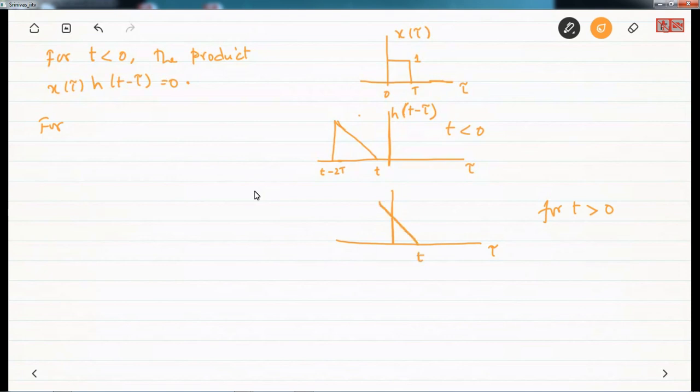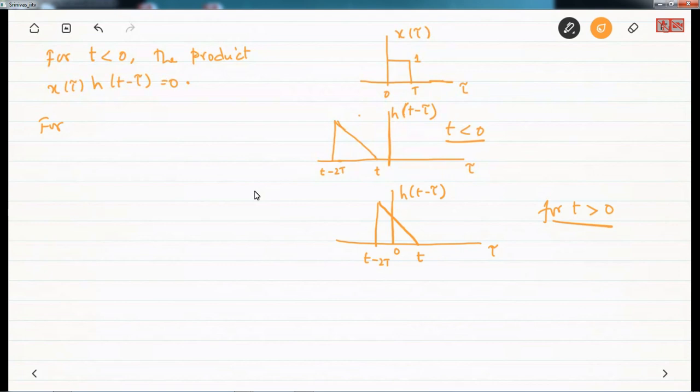So this will be t, and this will be t minus 2t. This is 0. This is h of t minus tau, and this is for t greater than 0, and this is for t less than 0. Okay. So when t is greater than 0, this is moving to the right.